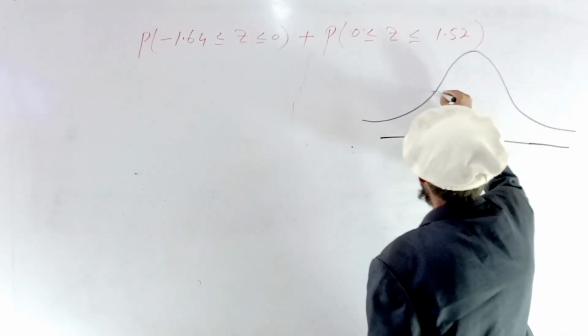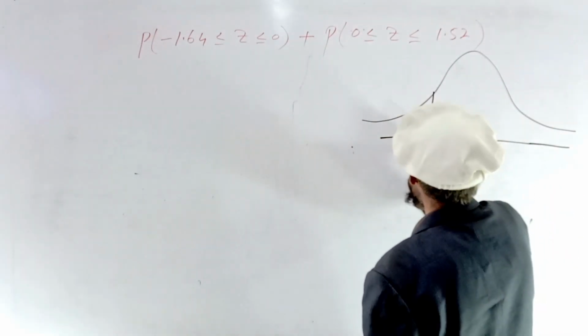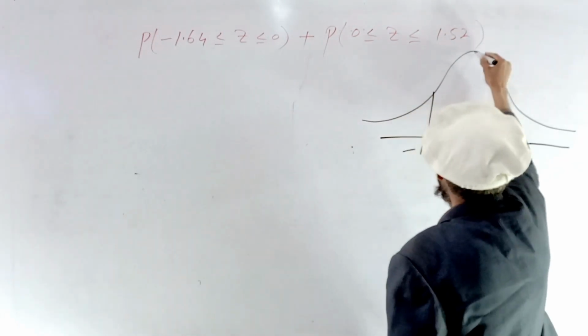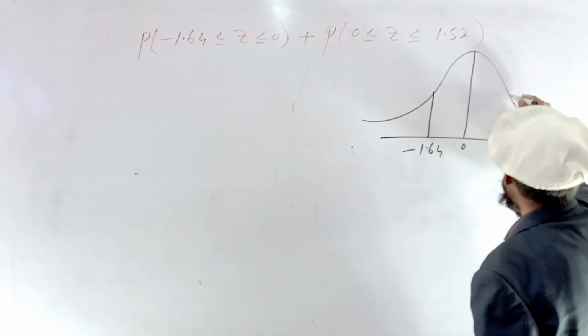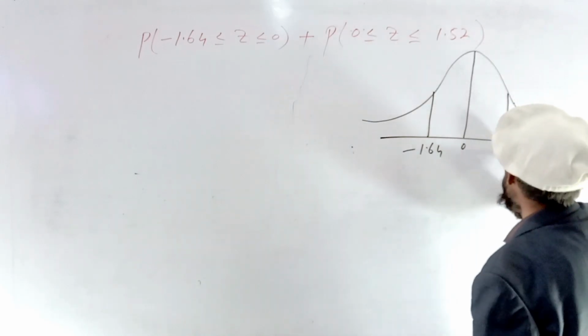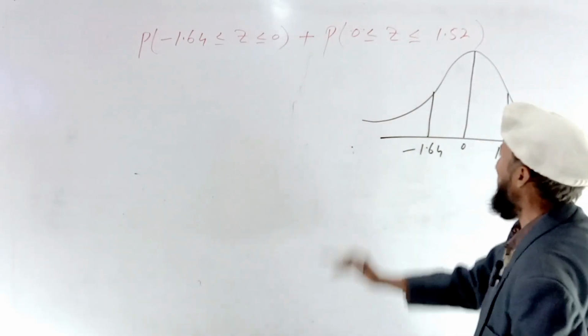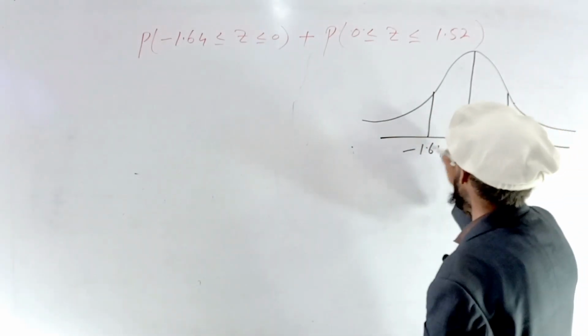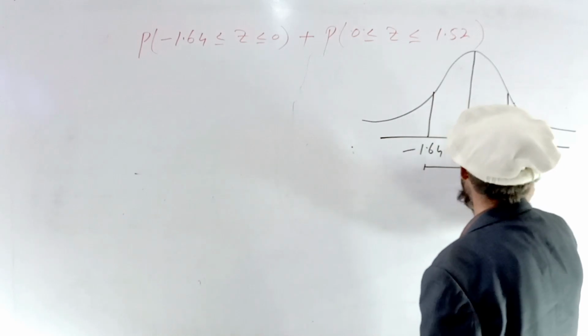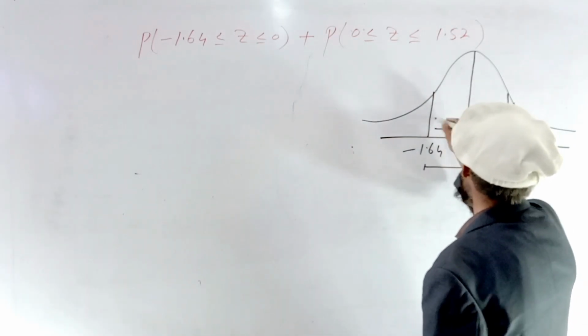Here is minus 1.64, this is the mean point, and here 1.52 is positive. The negative side is the left hand side, and this is the right hand side. This area is required.